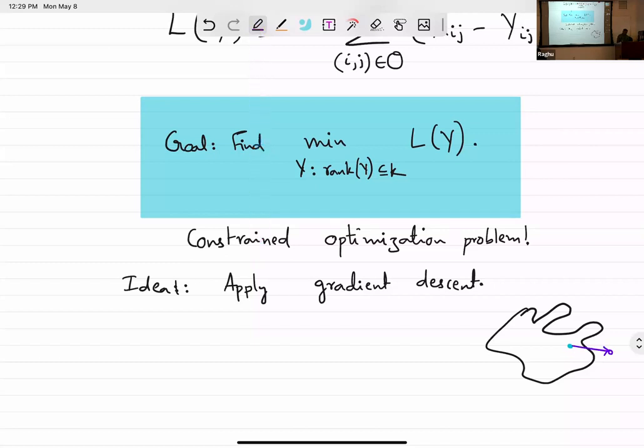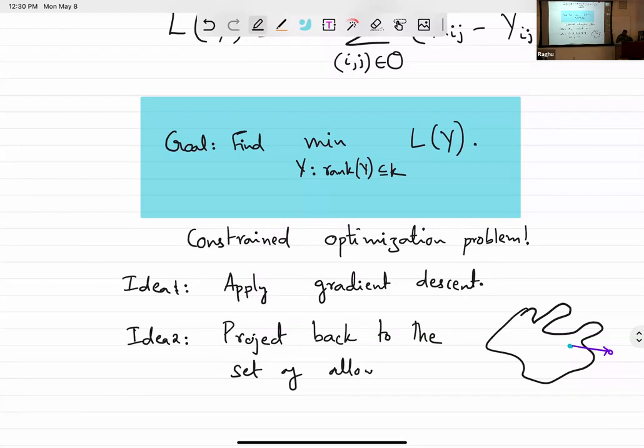And what do you do in such scenarios? We could hopefully project back to the set of allowed solutions. Okay, so you want to come back to the set of allowed solutions, because in some sense, we're just using projected gradient descent.